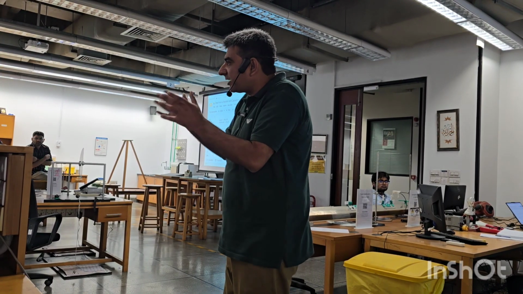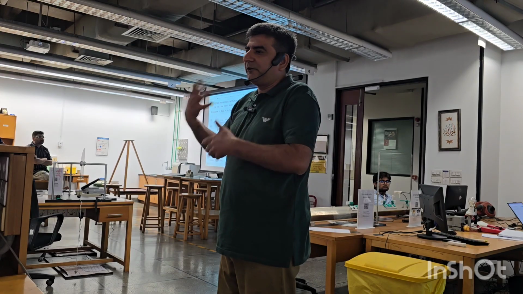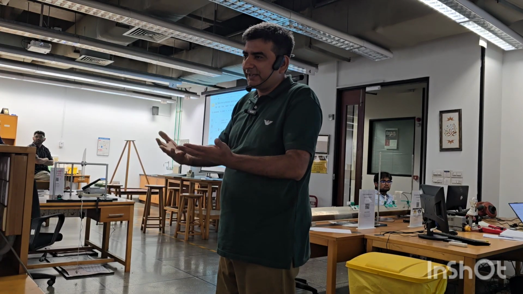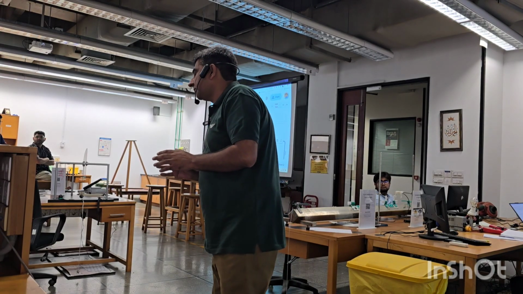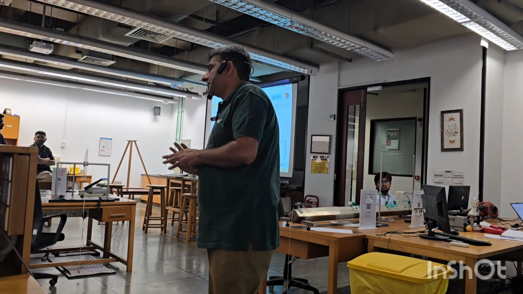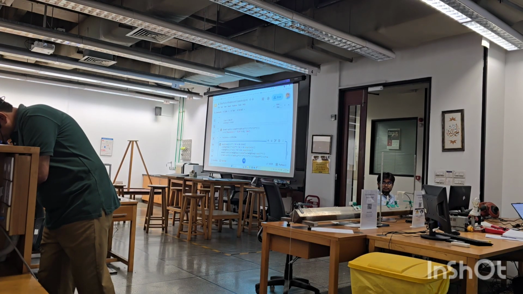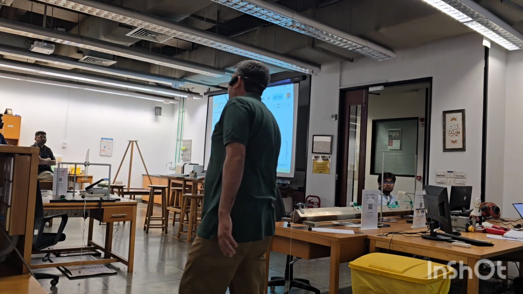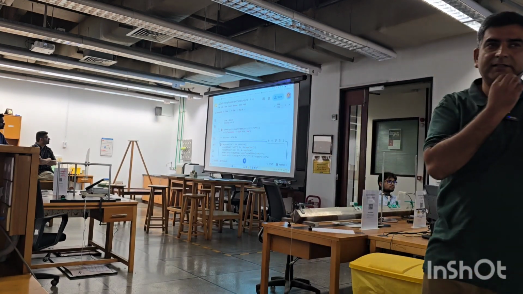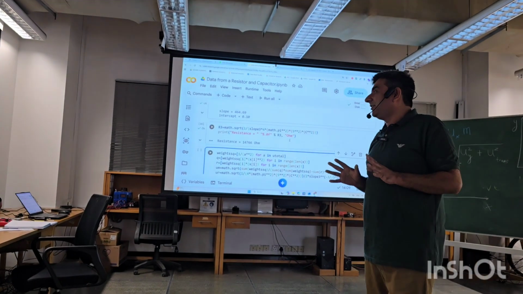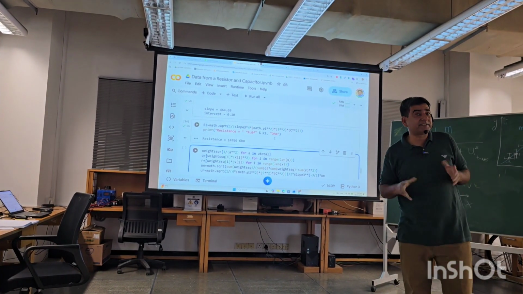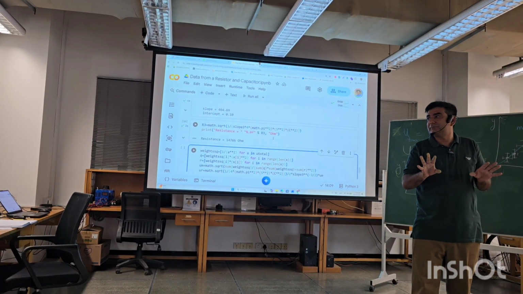The nominal value is what its color bands tell us, but we really don't know how precise it is. But sorry, it was 15 kilo ohm. So this was our estimate. This is our best estimate for the resistor. However, we need to know the uncertainty in this resistance value.